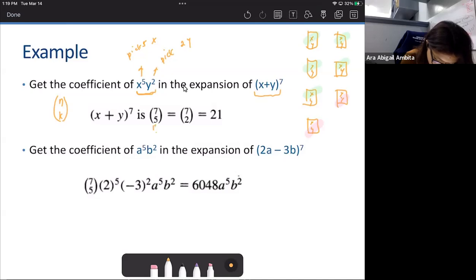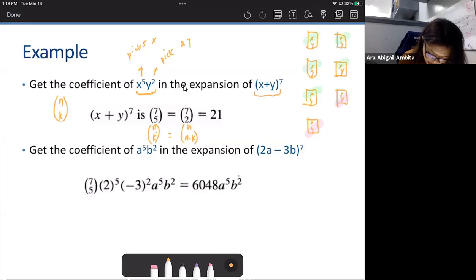Since n taken k is equal to n taken n minus k. So yung number of ways to count for selecting 5 x's would be equivalent to selecting 2 y's. Okay, and that is equal to 21.